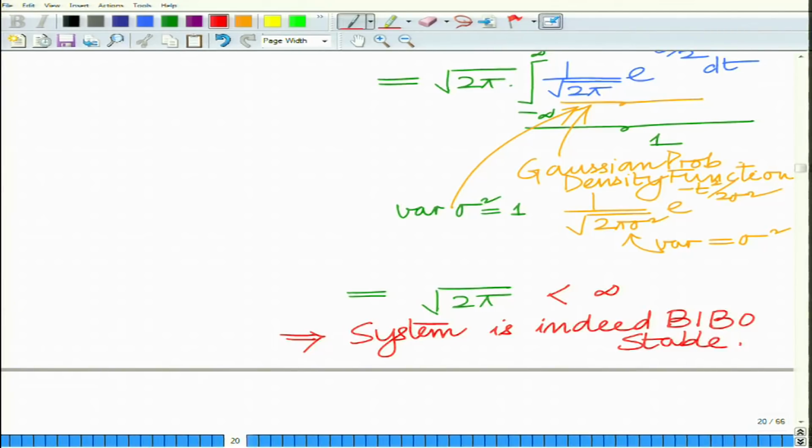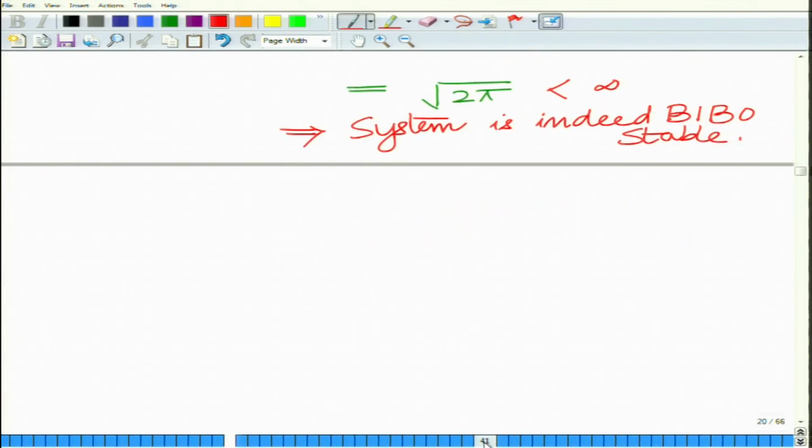All right. Let us now proceed to the next example.